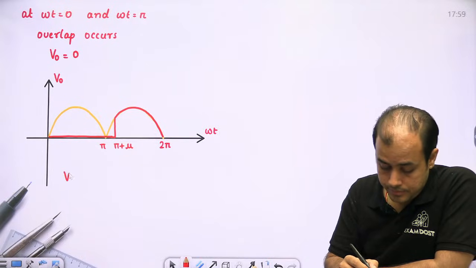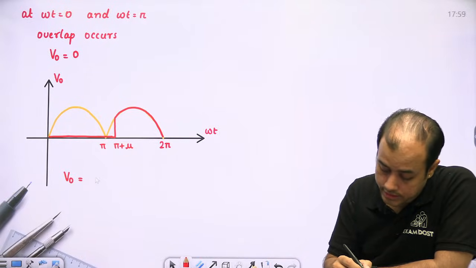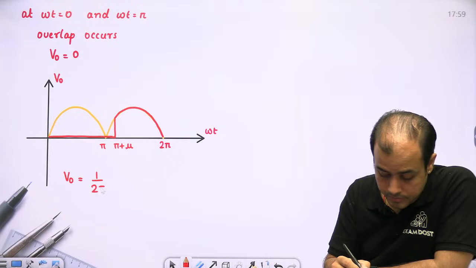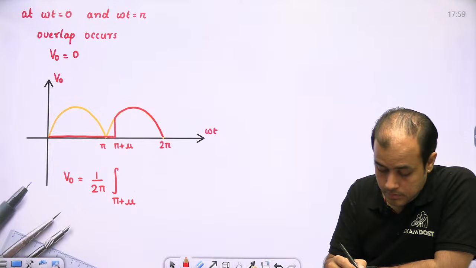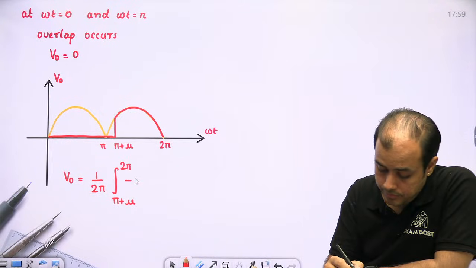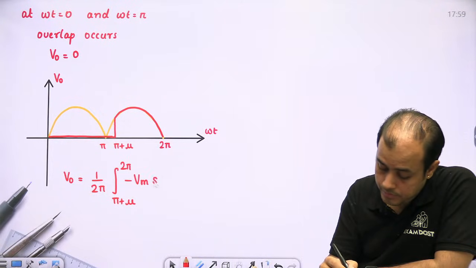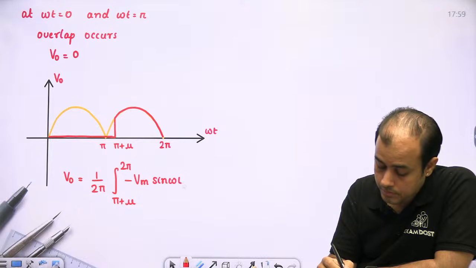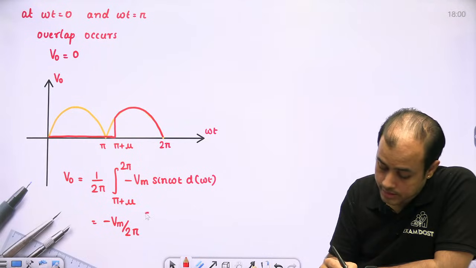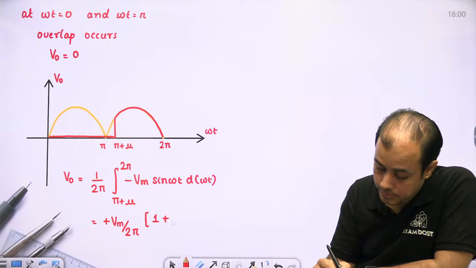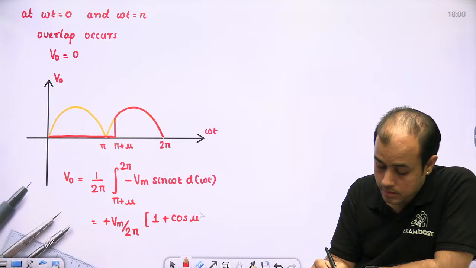Okay. So V0 average, integration of sign will be minus cos. Okay.